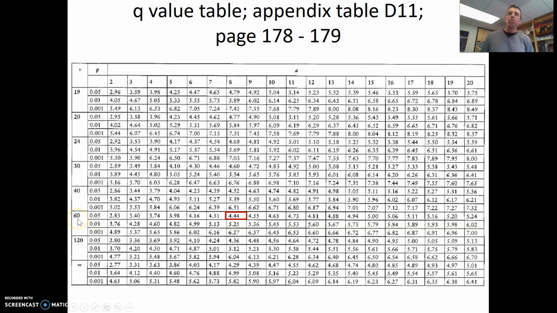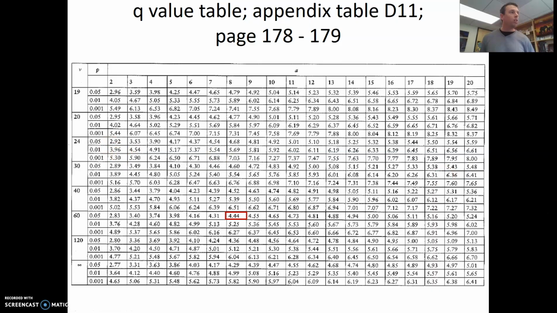You're rounding down here because that is the more conservative way to do this. So just remember to round down. 86 rounds down to 60. Even if we had 115, we still would go down. So my Q value ends up being 4.44. For 8 and 86, rounded down, 4.44 is our Q value.